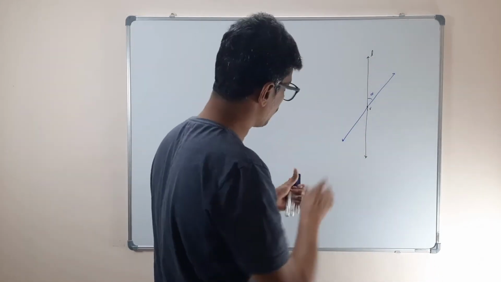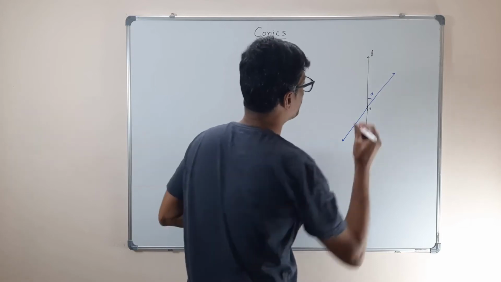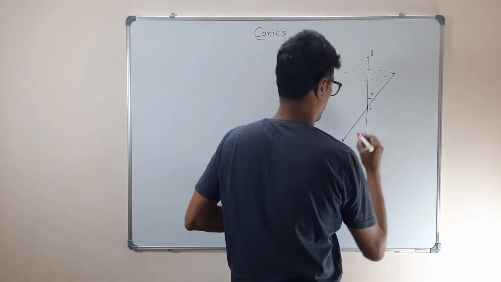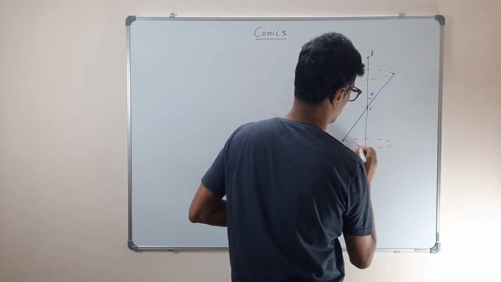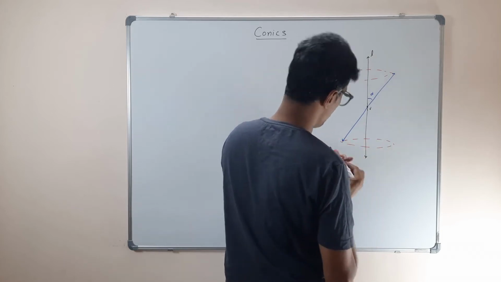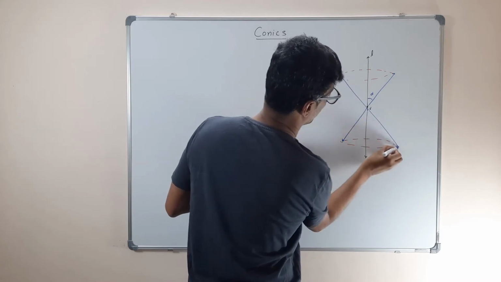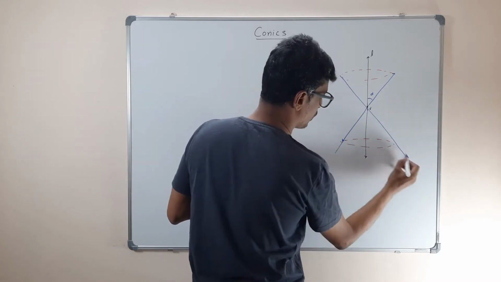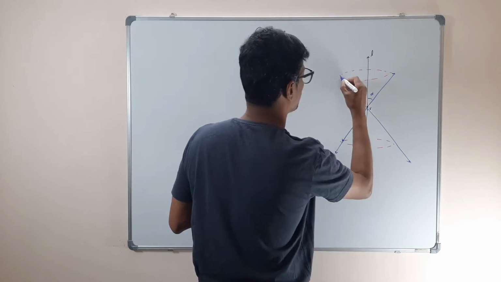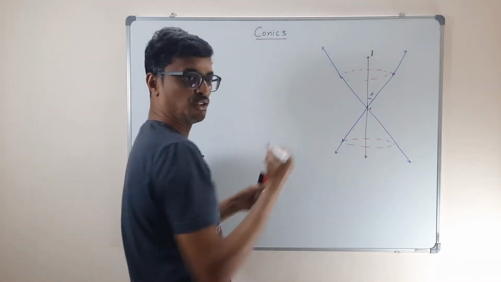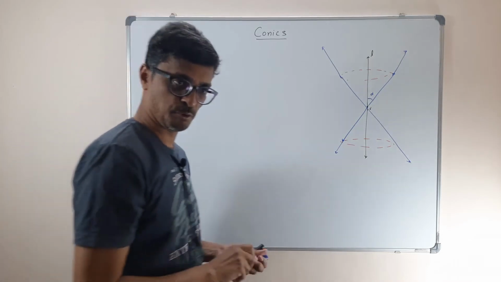So when I draw that, you actually get a surface. This surface doesn't stop, it extends. It's a cone, a complete cone.